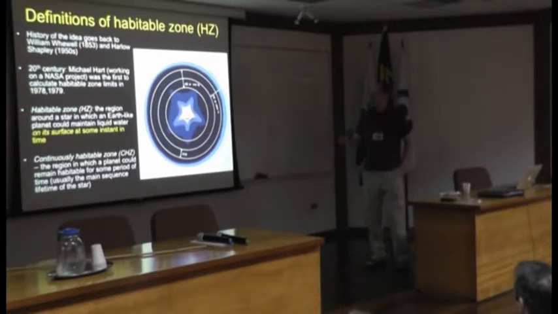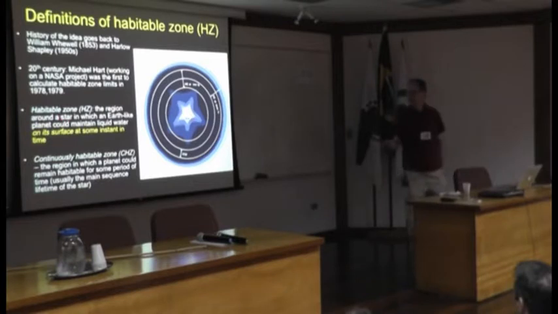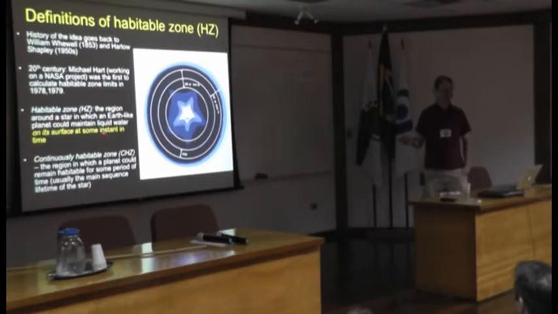And then today we define the habitable zone as the region around a star in which an Earth-like planet could sustain liquid water on its surface at some instant in time. So it's defined as an instant in time because stars evolve, their luminosity increases over time, so we have to talk about when.